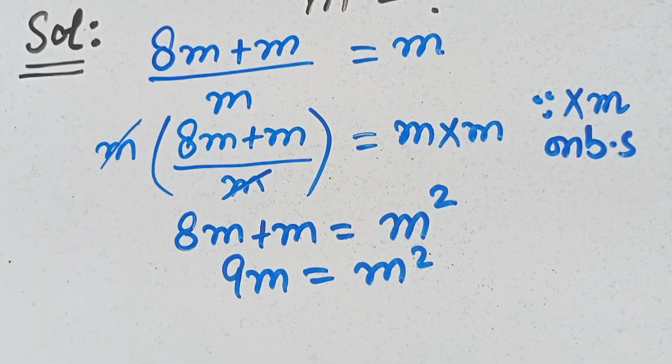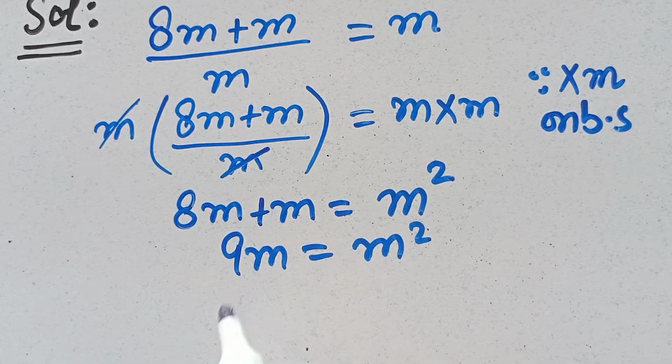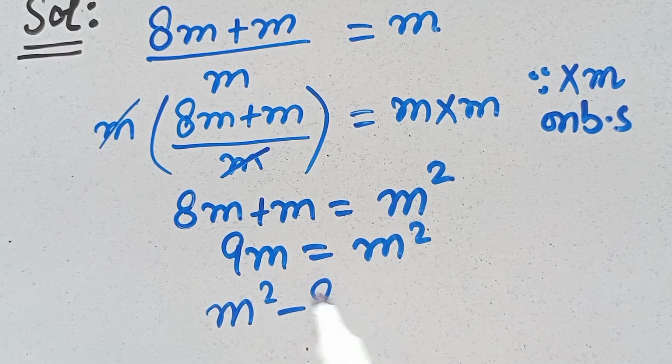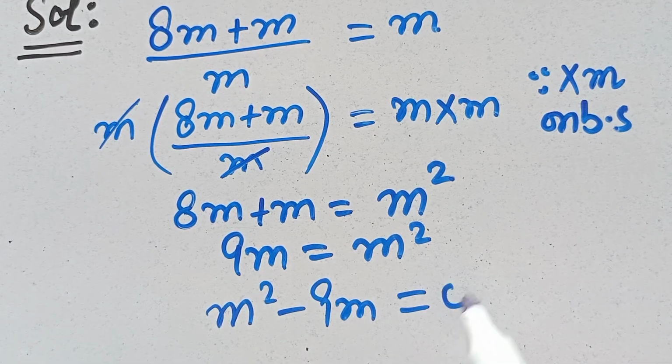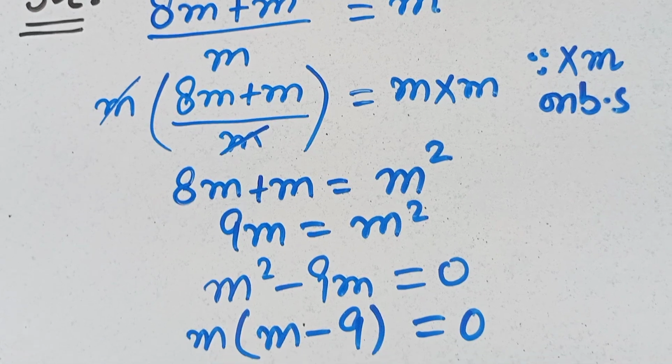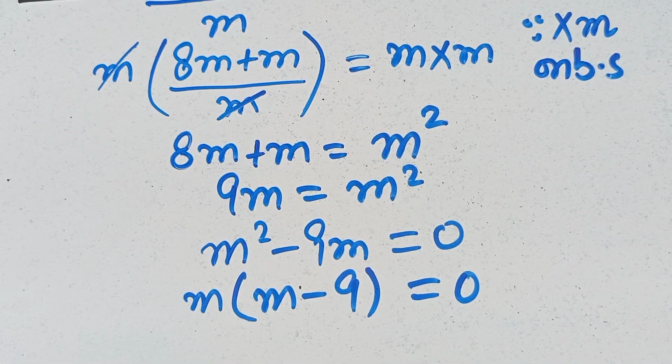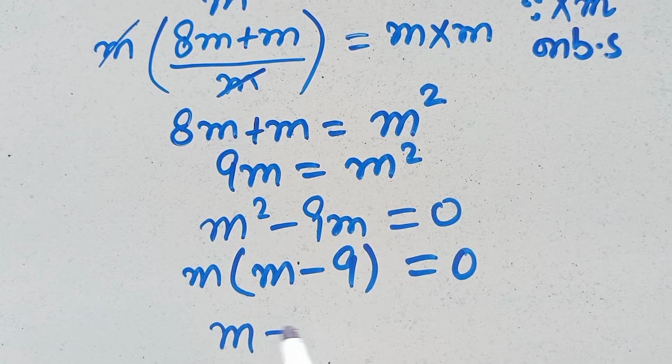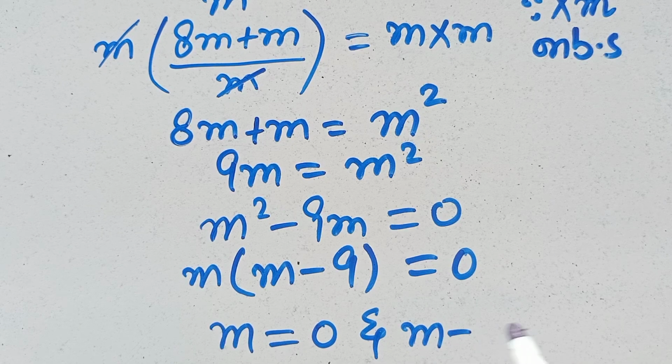Shifting this 9m to the other side of the equation, we will get m squared minus 9m equals 0. Now taking m as common, we are left with m into m minus 9 equals 0. Now using zero product property, we can write m equals 0, and similarly for the second factor, m minus 9 equals 0.